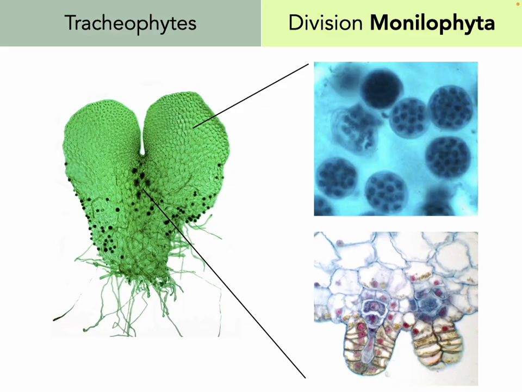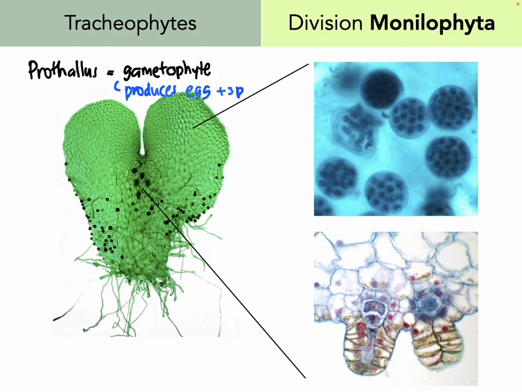So once again, this is called prothallus. So prothallus is a fern gametophyte. The function of the gametophyte is to produce egg and sperm. So where do they do it?